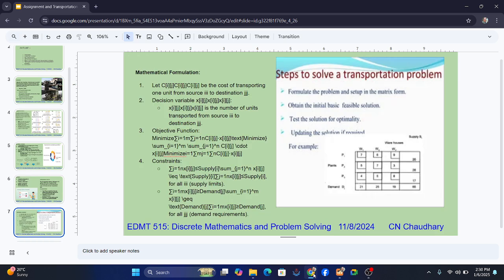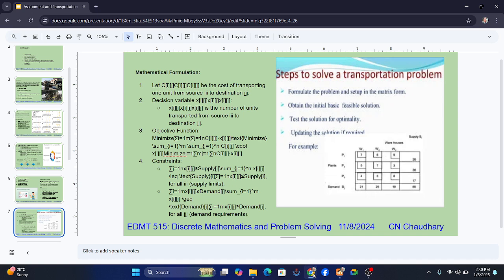Now, the mathematical formulation is also attached in this slide, which you can see clearly. Now, talking about the steps to solve a transportation problem: at first, we formulate the problem and set it up in matrix form.